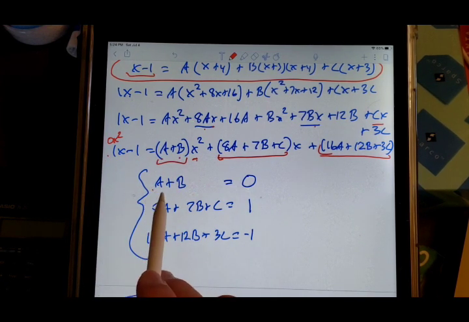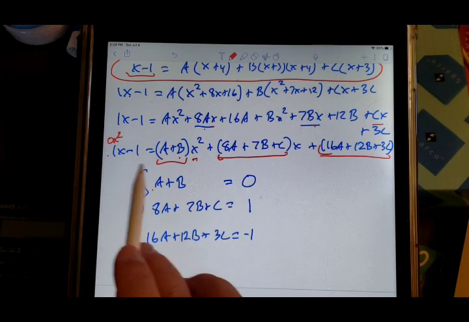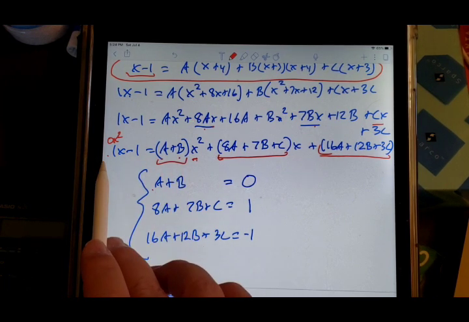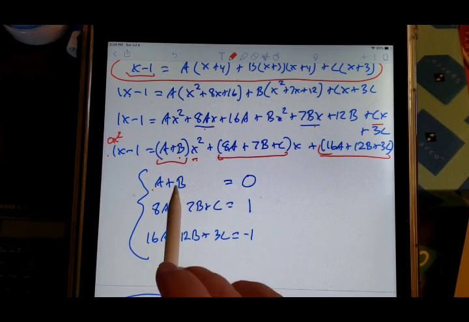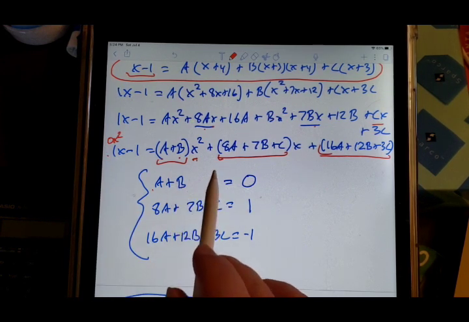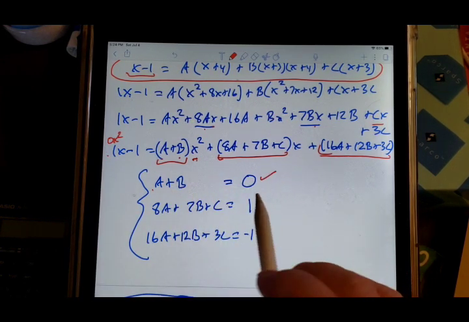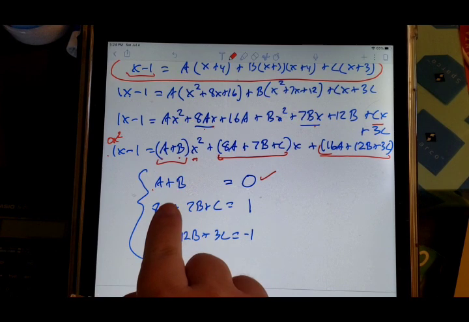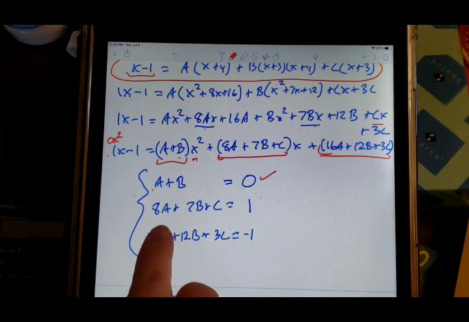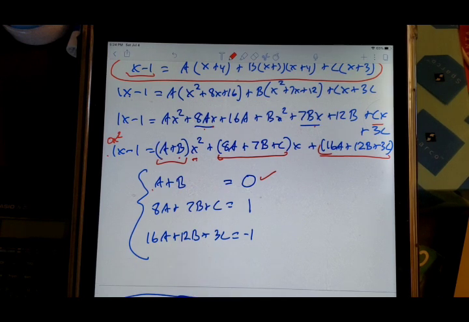Well, a plus b has to equal 0 because there aren't any x's here, so there aren't any x squareds. So a plus b equals 0. It's really nice when you get something with only 2 terms in it, because these have more. Which, no matter how you decide to solve this problem, it's more work if you have multiple parts to it.